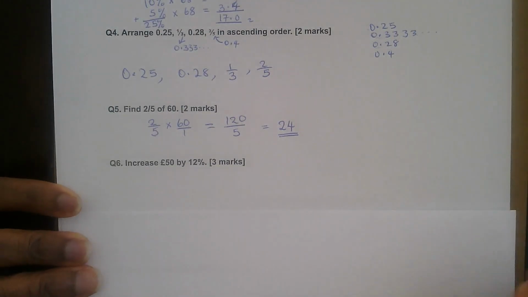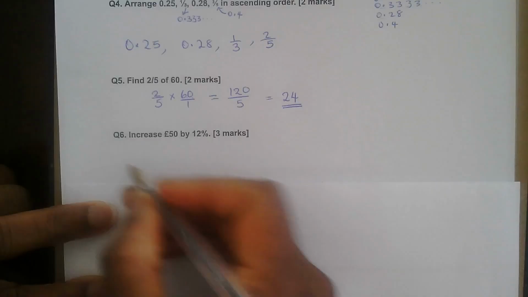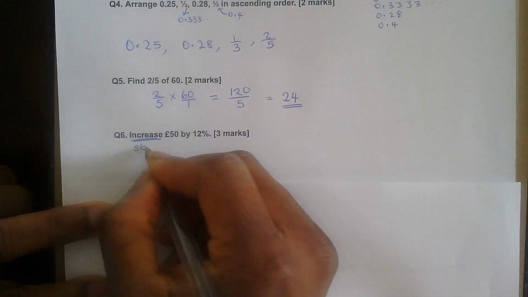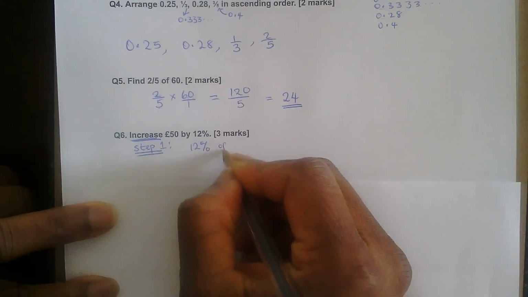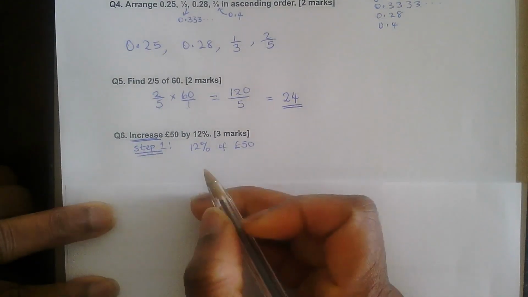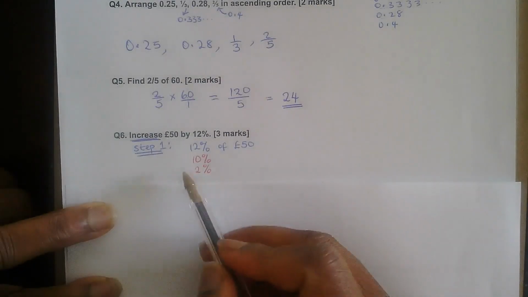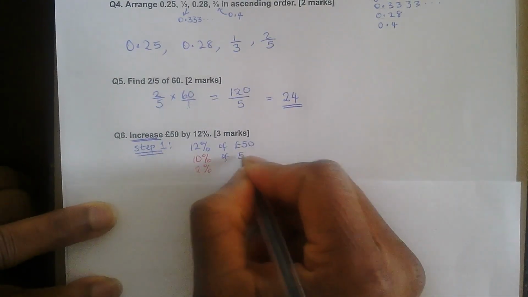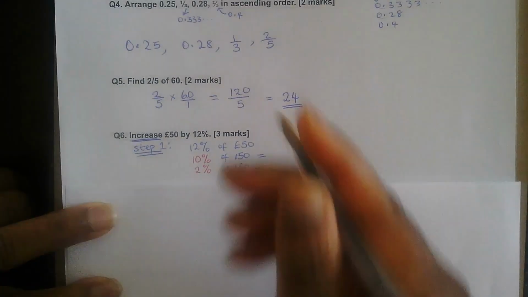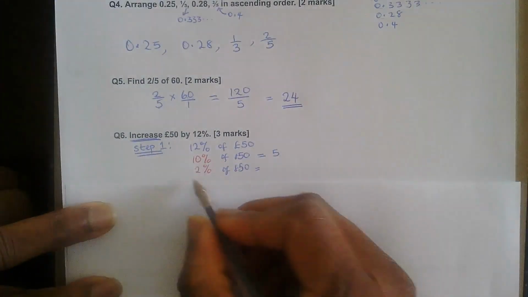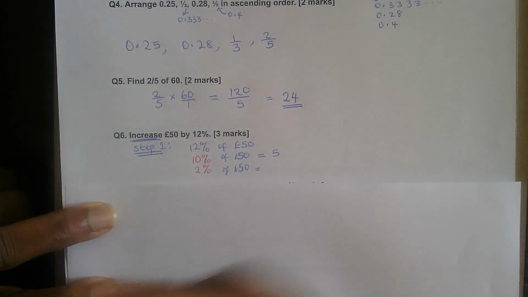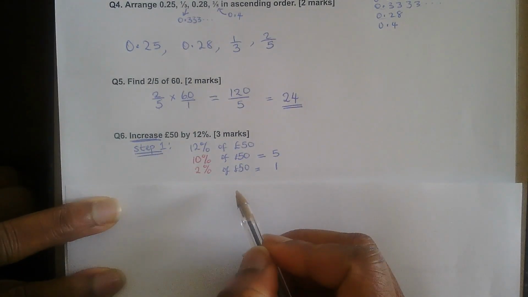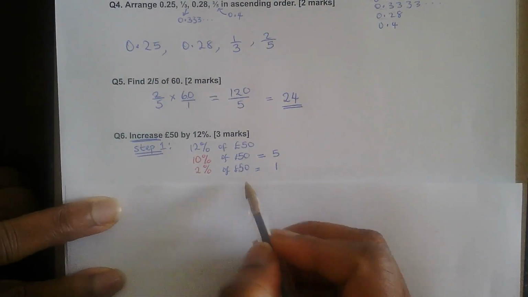Increase 50 pounds by 12%. Increase is key here. Step 1, do 12% of 50 pounds, which we can easily do by doing 10% and 2% of £50. 10% of £50 is 5, and for 2% we can do 1% and 1%. 1% of £50 is 0.5, and another 0.5.